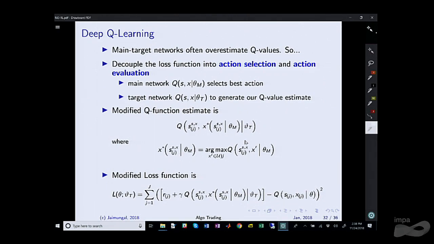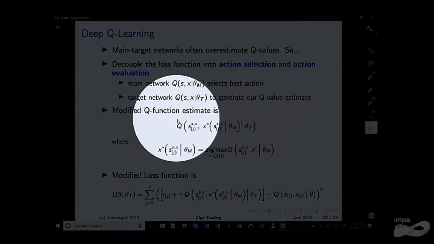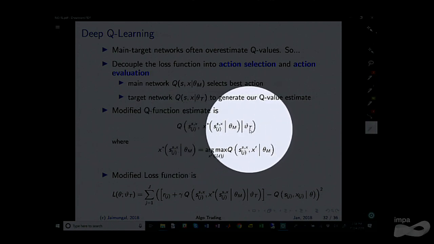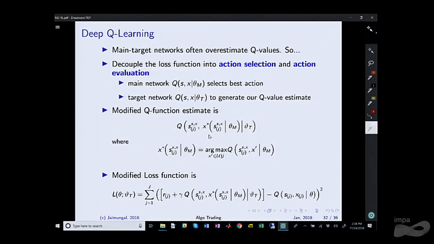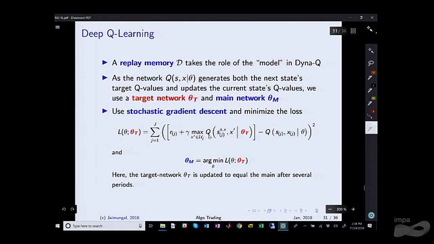Okay, so yeah, I know there's a lot of terminology just being thrown at you that seems weird, but it's not difficult. What you want to do is you modify your Q estimate now. So this is your theta t from before. Here, what we had done here is we use the max of Q.